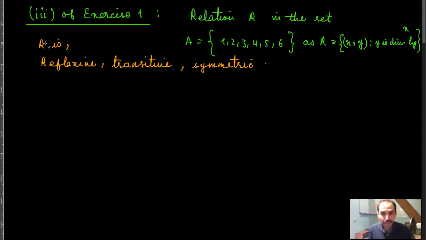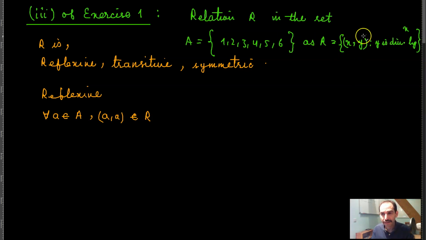Okay, so about this part, if you want to decide whether R is reflexive, of course, for reflexive, we say that for every A belonging to the set A, then A comma A has to belong to R. And let's see if that's the case.